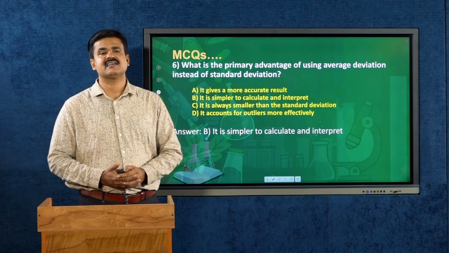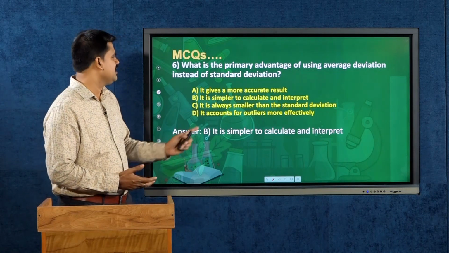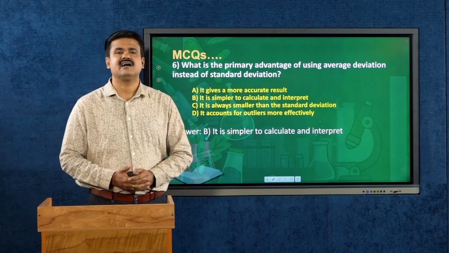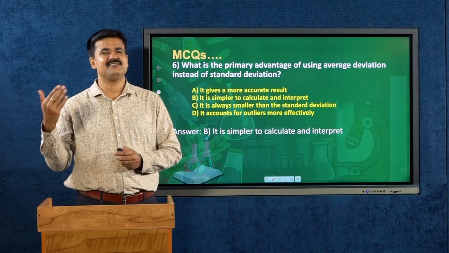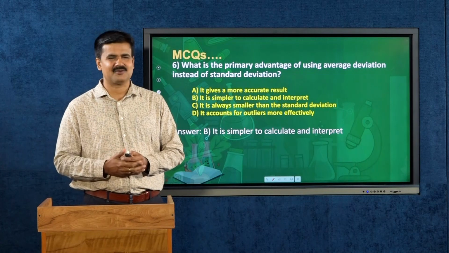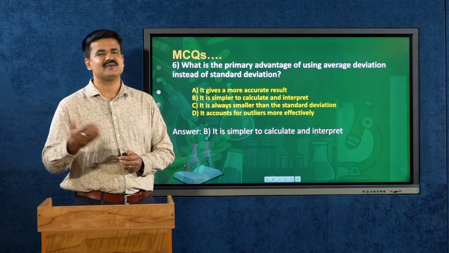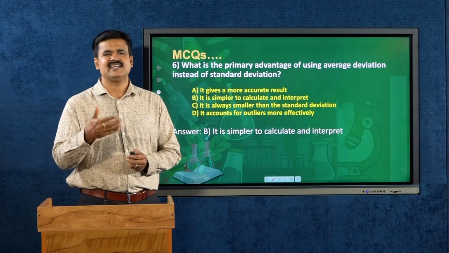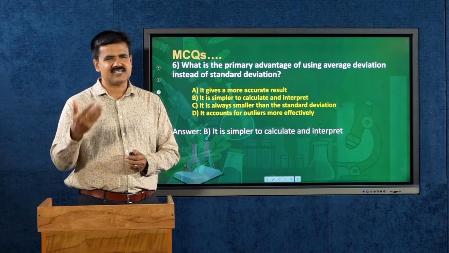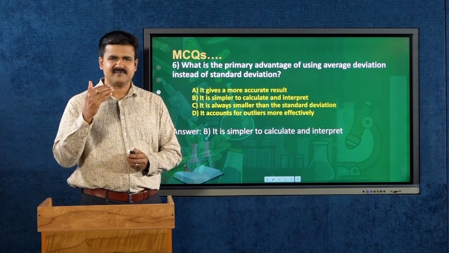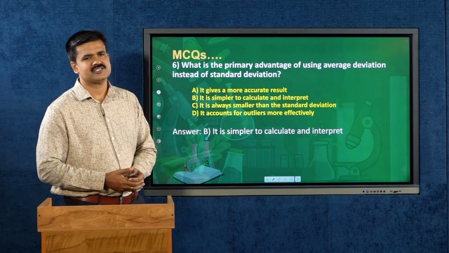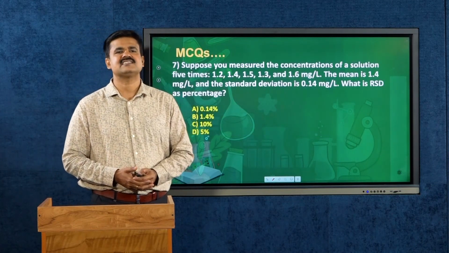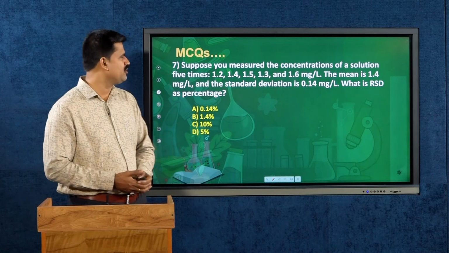It is very clear that the answer is option B. It is simpler to calculate and interpret. Standard deviation is somewhat difficult to calculate and requires some more mathematical steps, while average deviation is easier to calculate and interpret. Now, this is the last problem of this module.